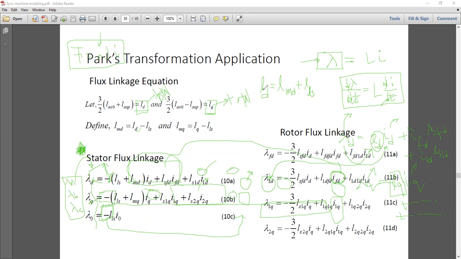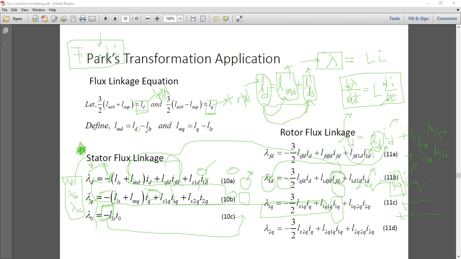So among the total flux linkage, some flux will be mutually coupled, and some flux will be lost through the leakage effect. That's why we have to model these two effects. We are decomposing the total LD into its two components: one is the mutual effect, another is the leakage effect.